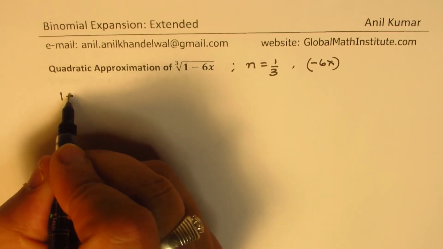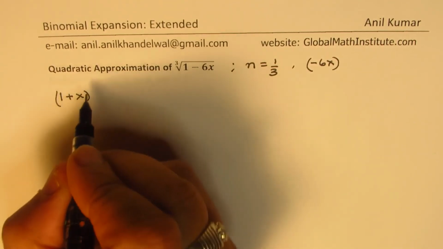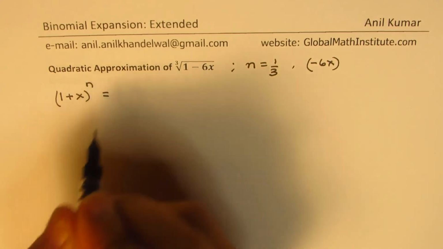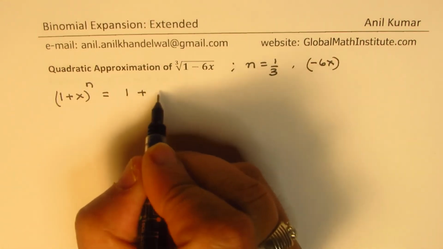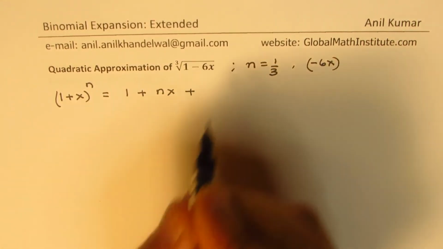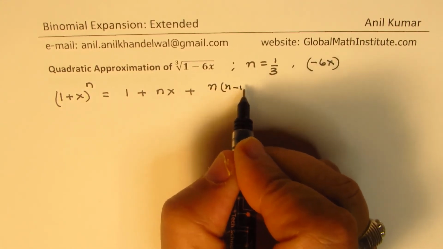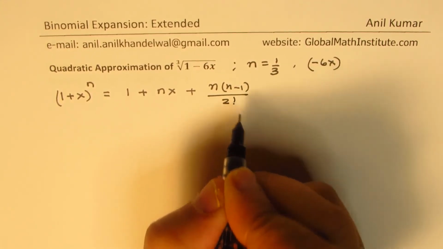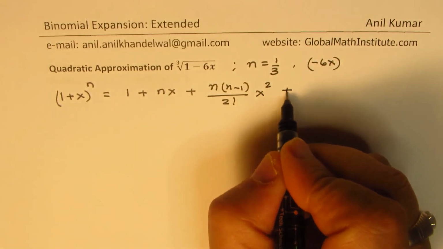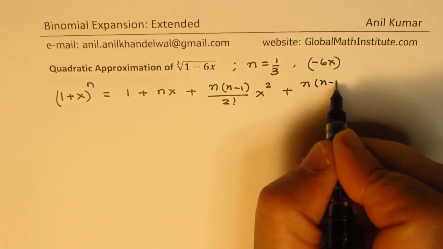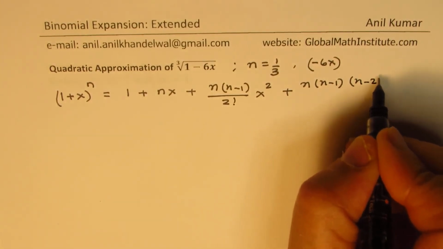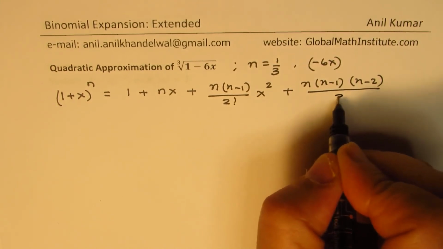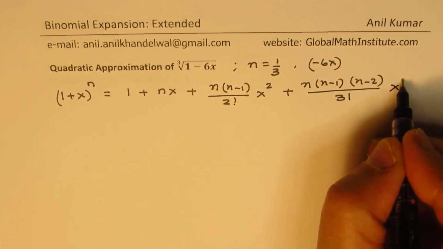Now we know the general formula, which is 1 plus x to the power of n is basically equal to 1 plus nx plus n times n minus 1 over 2 factorial x squared plus n times n minus 1 times n minus 2 over 3 factorial x cubed, correct?